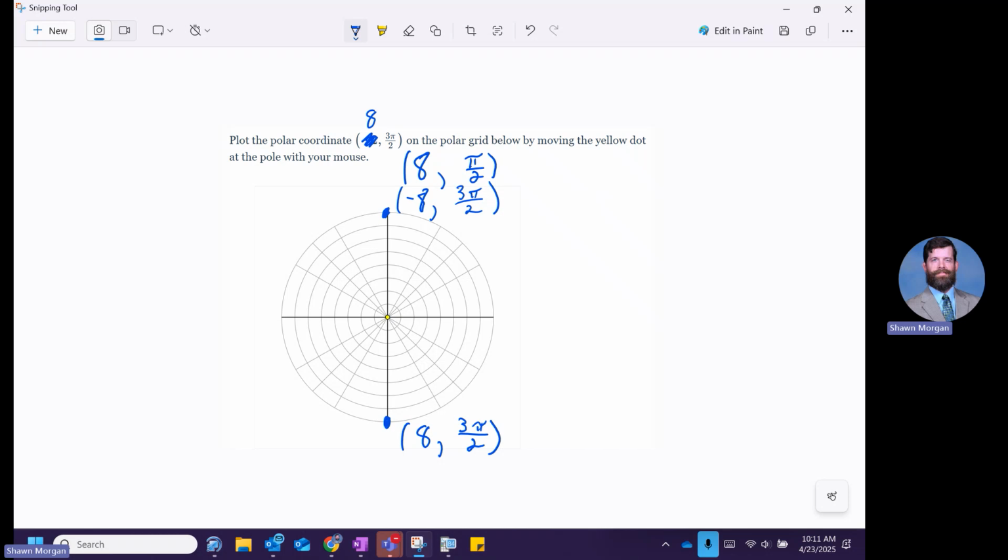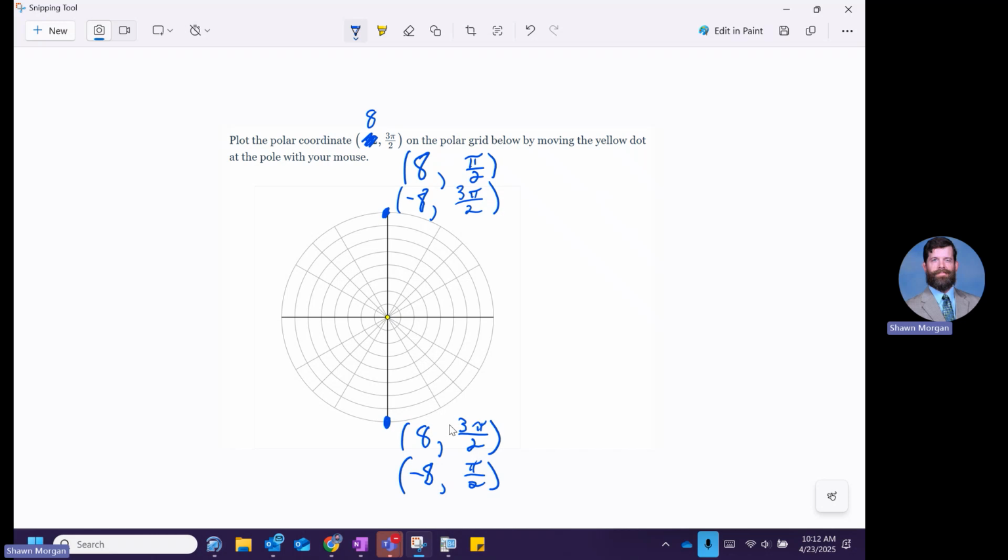Down here, we could say this is negative 8 pi over 2. I always consider angle first. Where's the angle? 90 degrees. And then, oh, we got a negative, then I'll come down here. That's how the negative R value will work. Real good question there, whoever asked that. I think it was Blake.